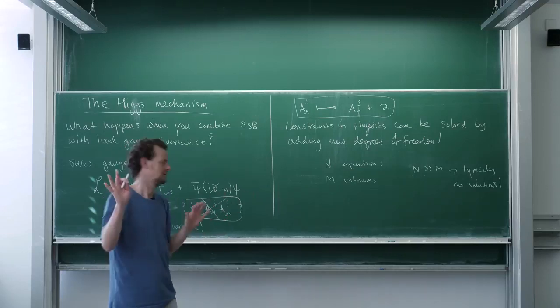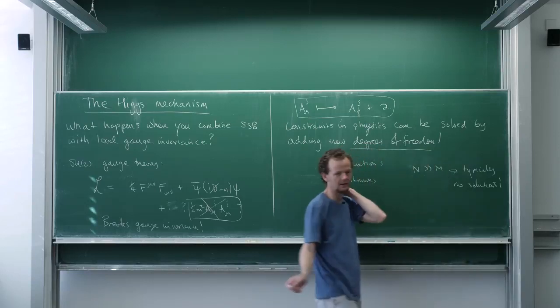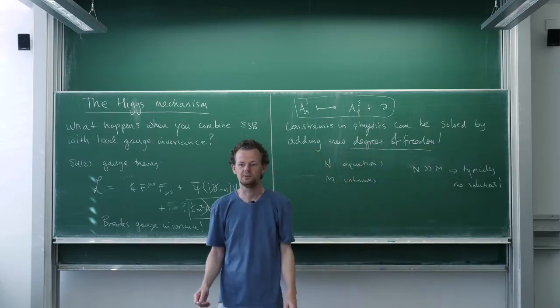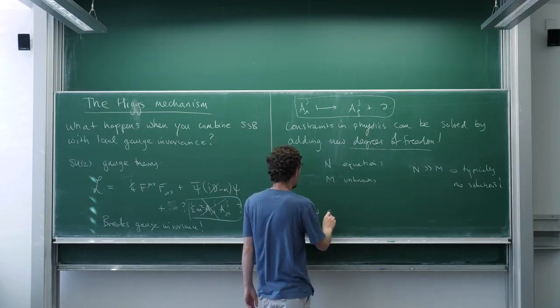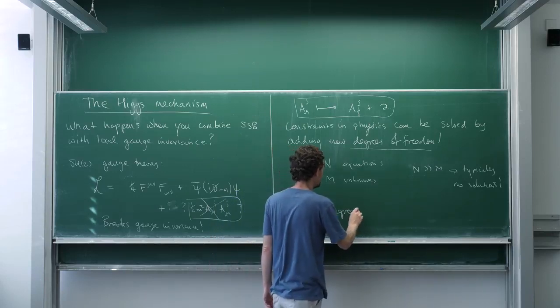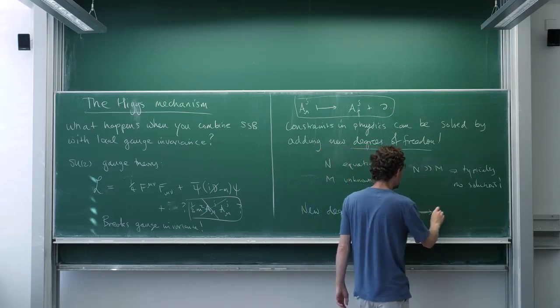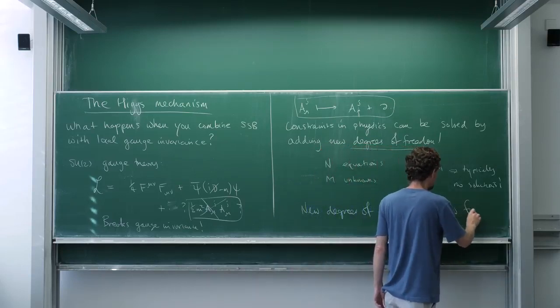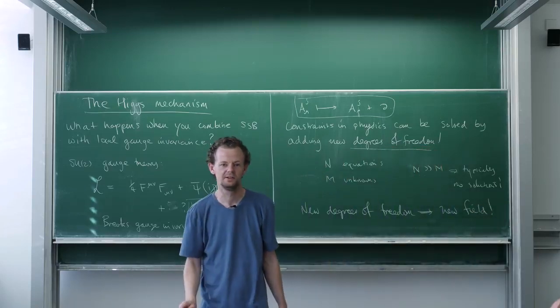And the amazing thing, why physics is so exciting, is that every new degree of freedom in high energy theory is a particle. So when you do this, you're making a prediction. And when you make a prediction, you can test the prediction.